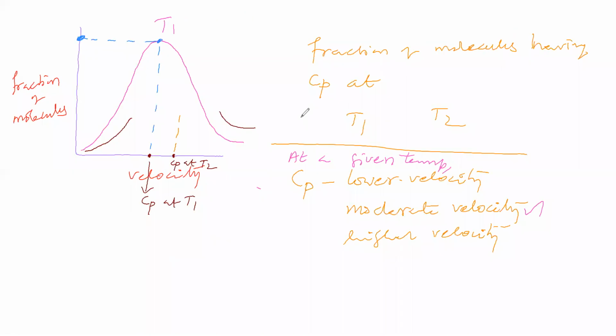Okay, that we have seen. Now we will take the fraction of molecules having Cp at T1 and T2 and compare. So Cp comes under moderate velocity. We got an idea.